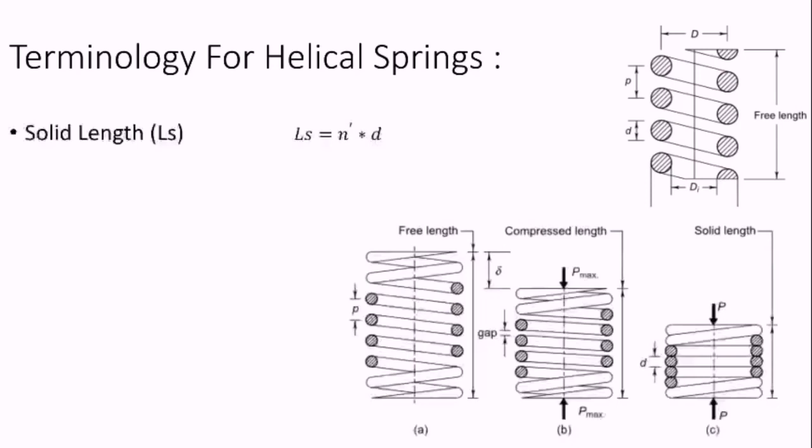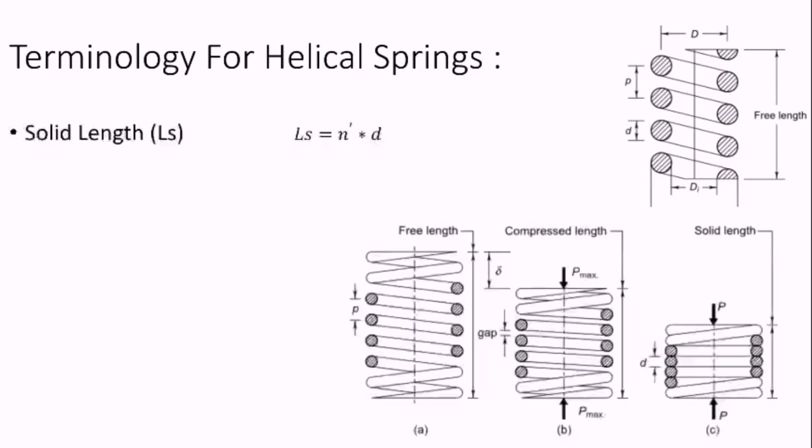In this case, the spring is completely compressed so that no further compression is possible. The solid length is given by the relation Ls is equal to N dash multiplied by d, where N dash is the total number of turns and d is the diameter of the wire.